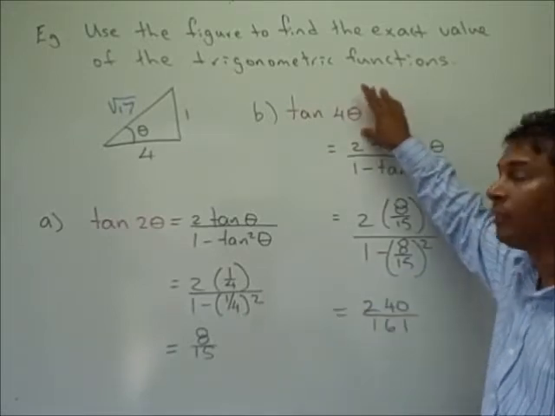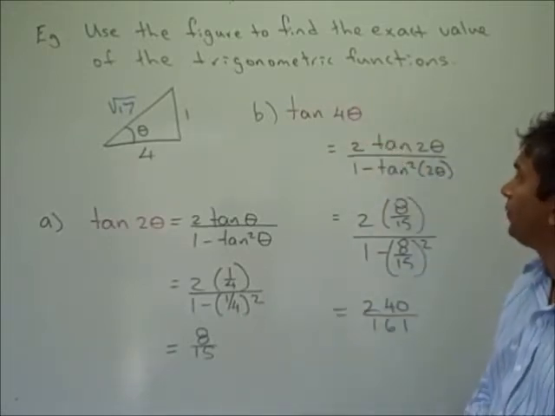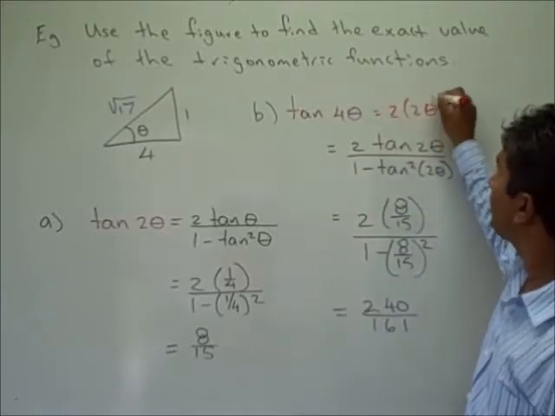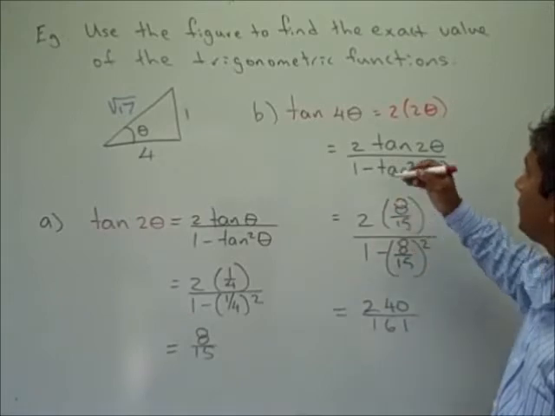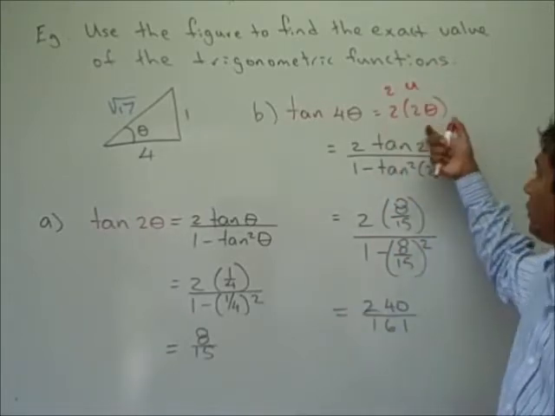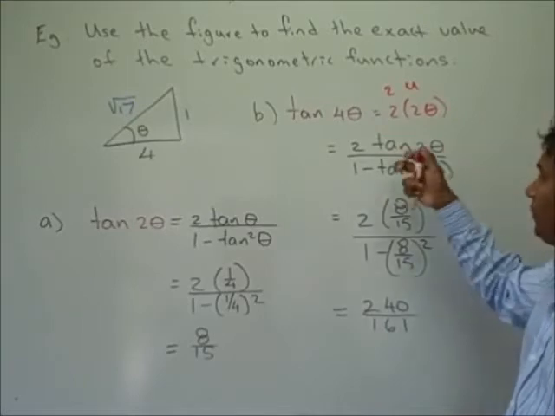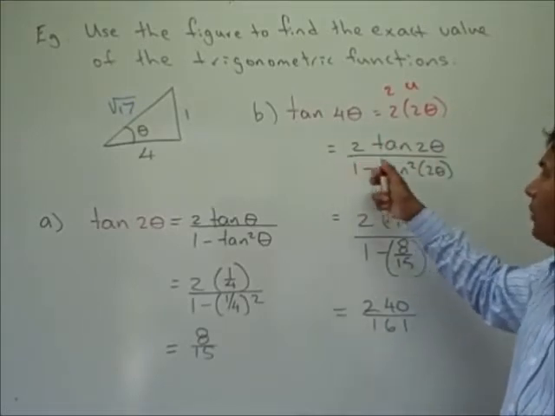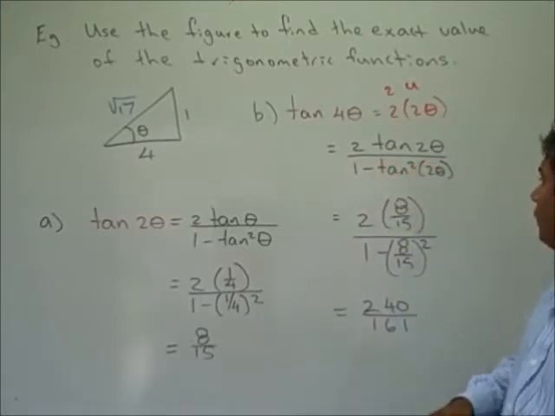Now here we're finding tan of 4 theta. This can be written as 2 times 2 theta. Now going back to our identity, this becomes 2u, so our u is actually 2 theta. So now we have 2 tan 2 theta all over 1 minus tan squared 2 theta.